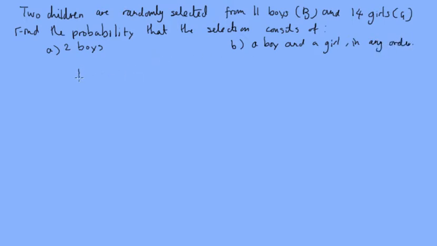So the probability of 2 boys is going to be equal to the probability of B and B, which is the probability of the first child being a boy multiplied by the probability that the second one is a boy, given that we've already had 1 boy selected. So how many children are there in total?